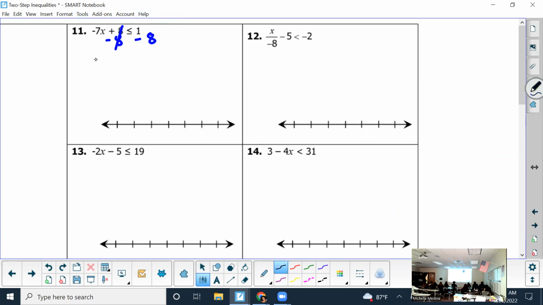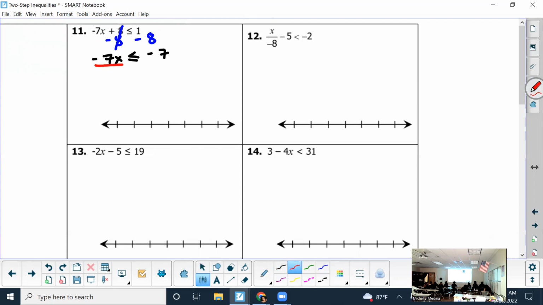So on the left, I have negative 7x. I do not flip the sign for addition or subtraction, so just leave it the same. And then what's 1 minus 8? Negative 7 is correct. Now, what is the opposite of multiplying by negative 7?